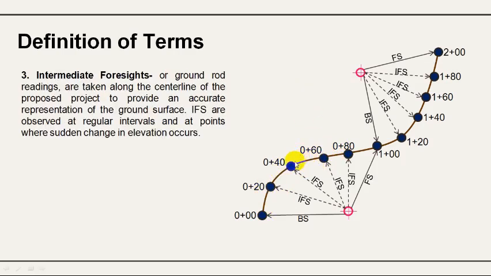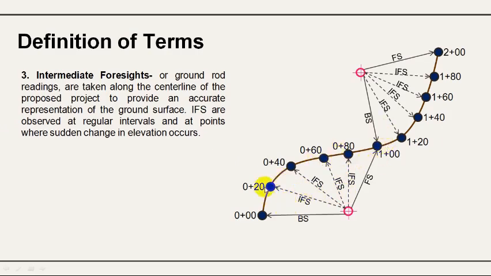Intermediate foresights are also called ground shots. These are taken along the center line of the proposed project to provide an accurate representation of the ground surface. The shots we take at regular intervals are the intermediate foresights, or IFs.